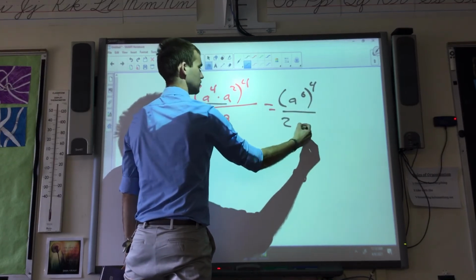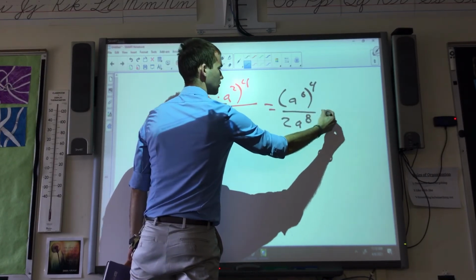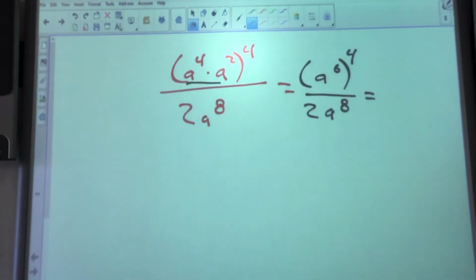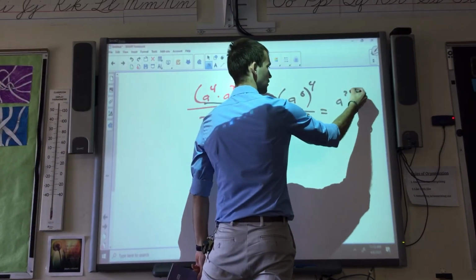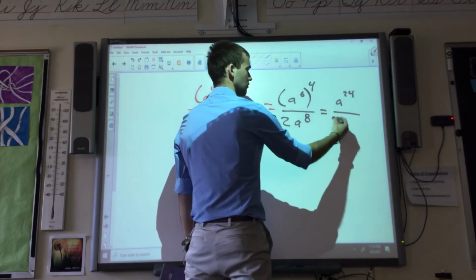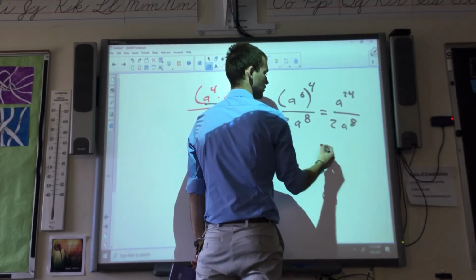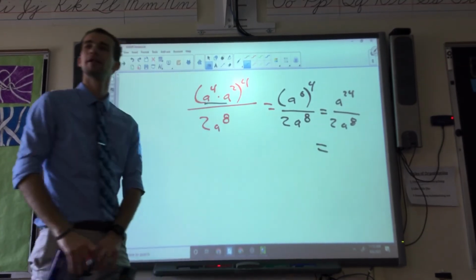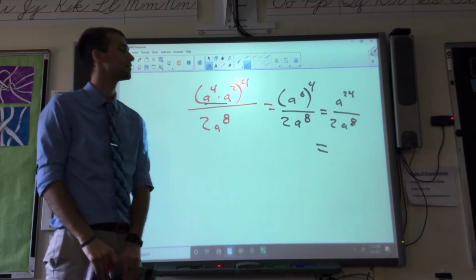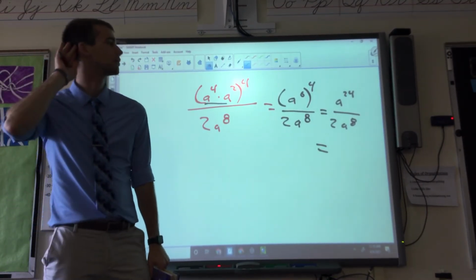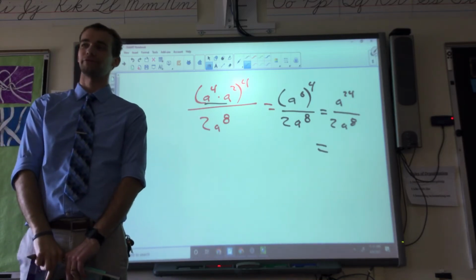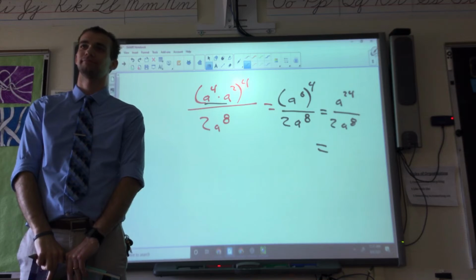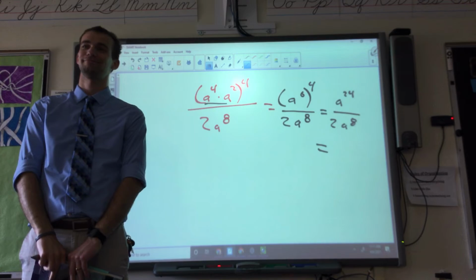And then the bottom again A to the 2, A. 24 divided by 8 is 3, yes. So it'd be 2a to the. No, it's not that. Because there's 2 of the A's.